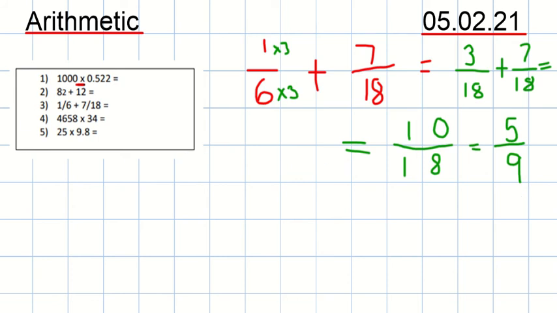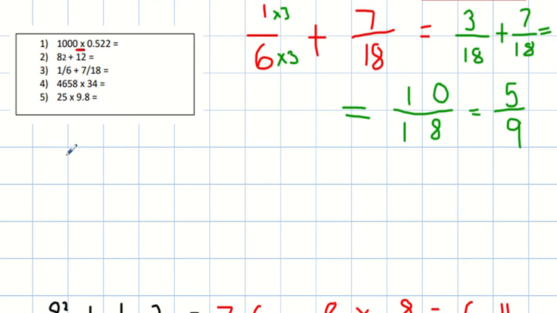Okay, question number 4. We've got 4,658 multiplied by 34.